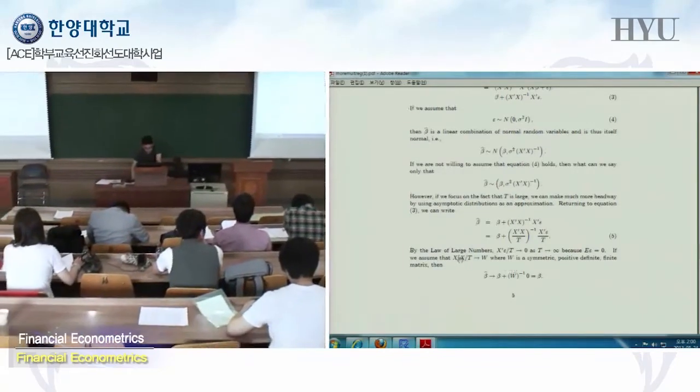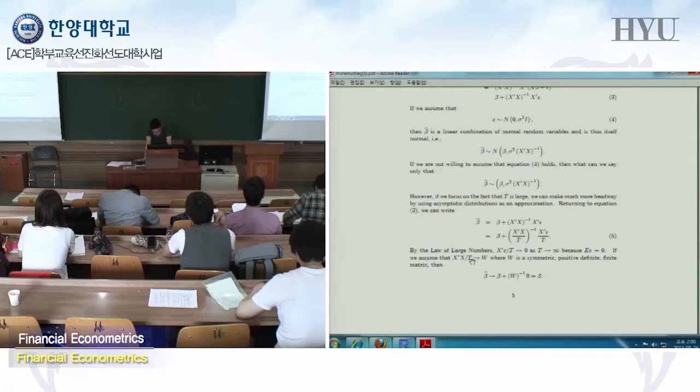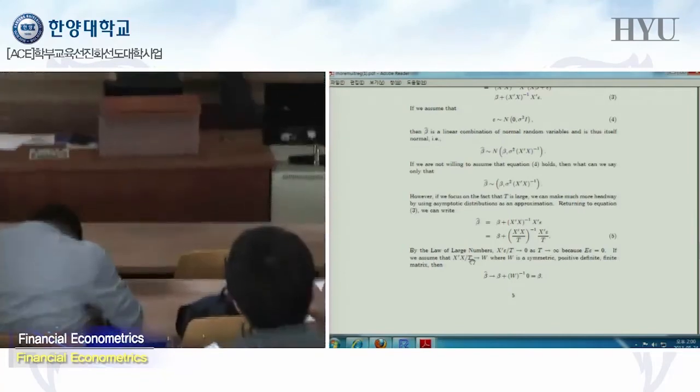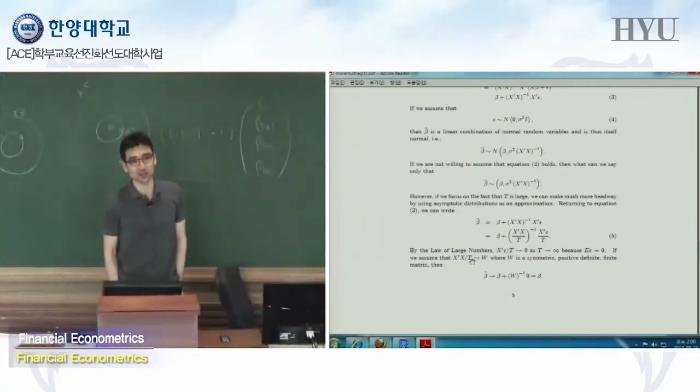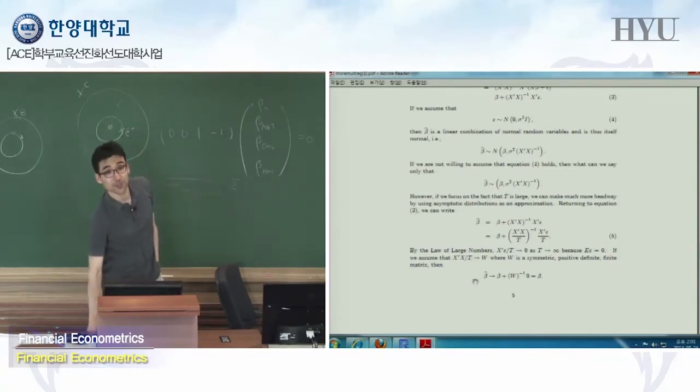And if we assume that x prime x divided by T does not explode and converges to some constant matrix W, then beta hat converges to beta plus W inverse times 0, which is beta. Which means that if we have a large number of data, beta hat will eventually converge to beta.